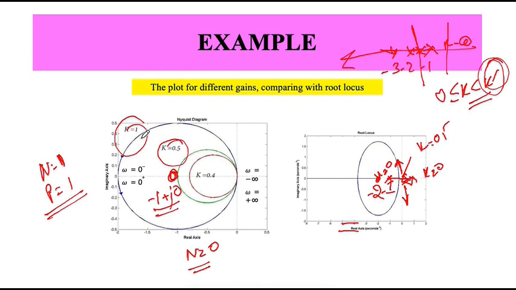I am starting at k equals 0, already unstable, at k equals 0.5, already unstable, but there comes a threshold where after a certain limit I pull the plot back to the stable region and unstable for all other gains. So that is the concept of negative gain margin, that first I have to make a system stable. Starting from an unstable open loop configuration, I increase the gain k and I push it to the stable region.